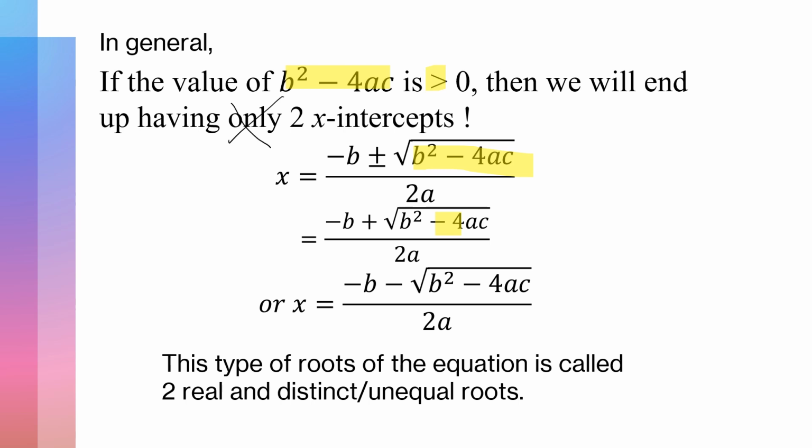To describe this kind of roots of the equation, you describe it as two real and distinct. Distinct means unequal, not the same. So this kind of roots is described as two real and distinct, or two real and unequal roots, if the value of your b squared minus 4ac is more than 0.